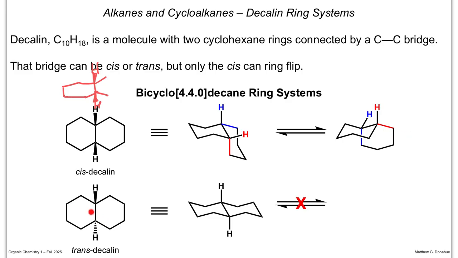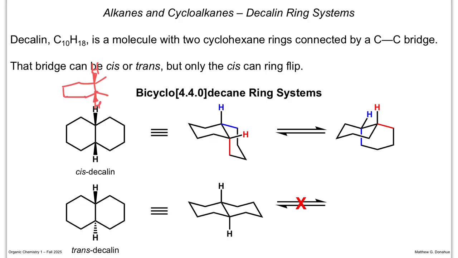The trans ring junction, the bicyclic one, will not allow that flip to happen unless you break this bond first, which isn't going to happen under normal circumstances.